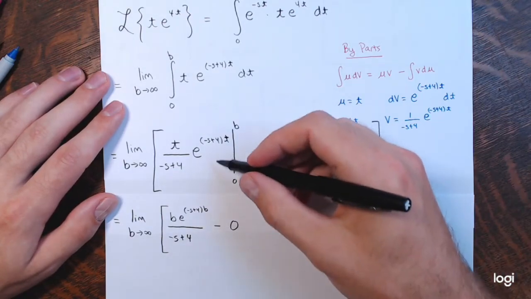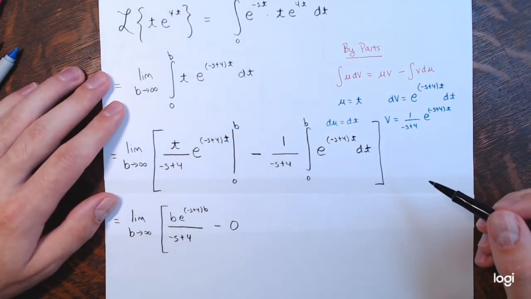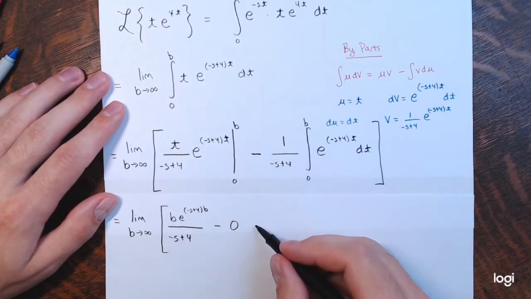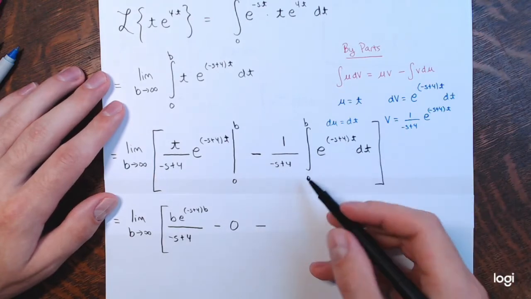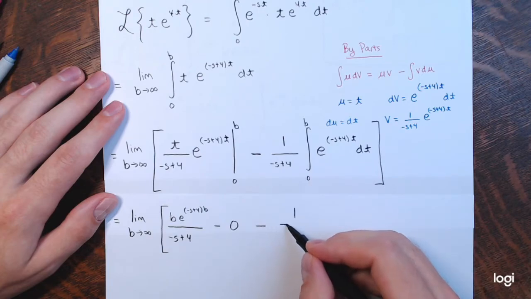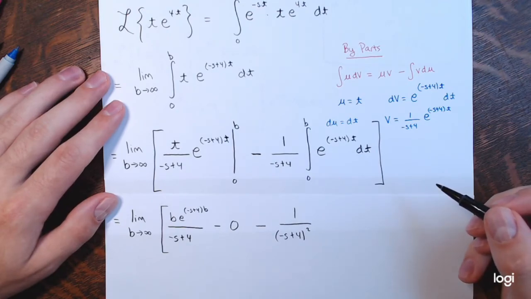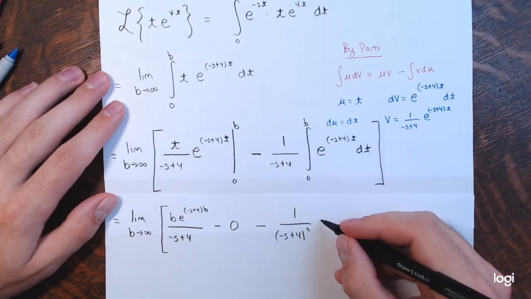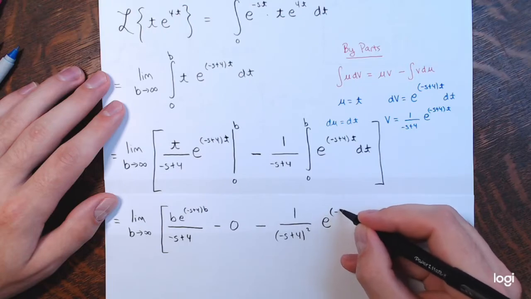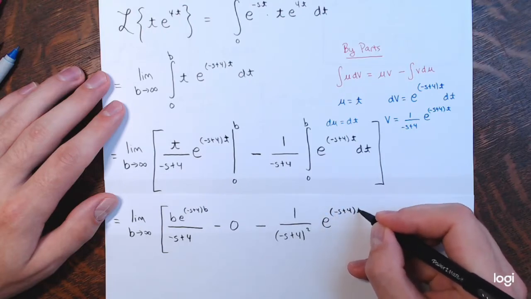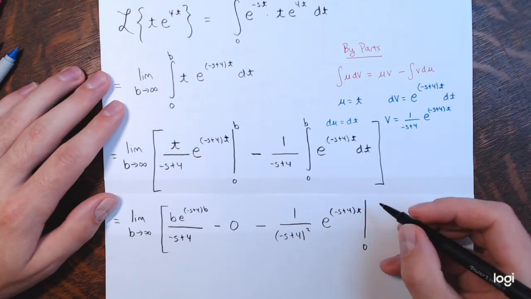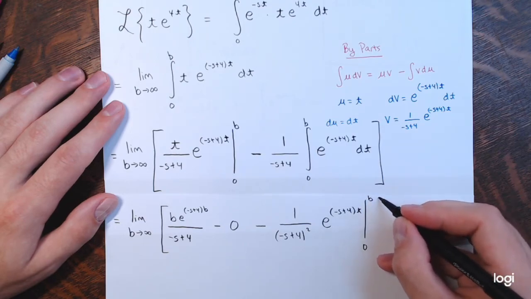So that's this first part. Then over here we have minus, now if I integrate this, this will be 1 over negative s plus 4 squared. You have 2 of those down in the denominator. Then times e to the negative s plus 4 times t, and this is evaluated from 0 to b.